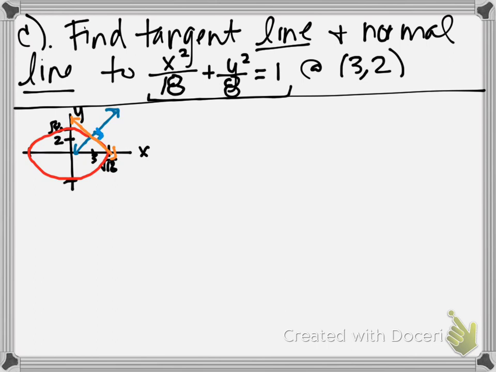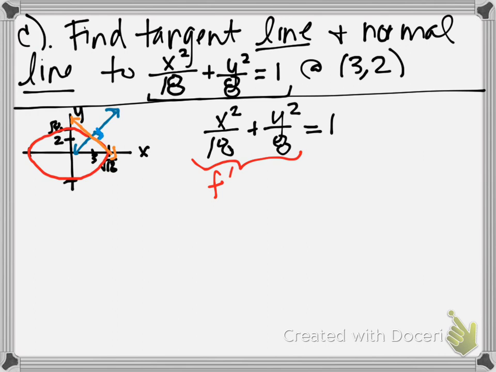Okay, so again, we can use properties of the gradient for this. We want to think of this curve as the level curve of a function of 2 variables. So we already have both of our variables, x and y, on one side of the equation. And so we can think of this as a level curve of this function.